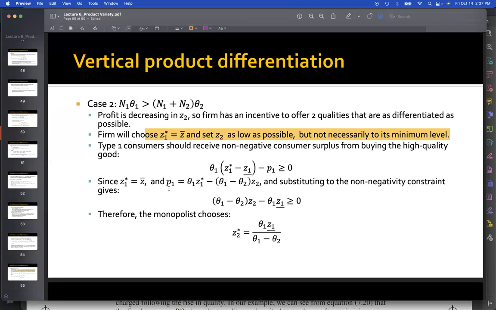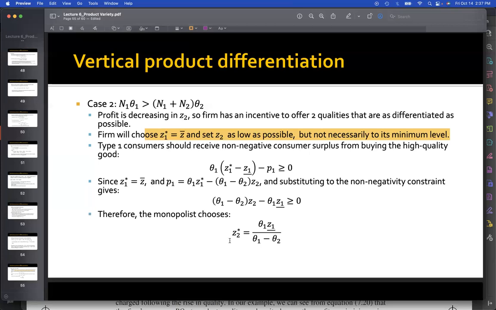Since this is true and Z1 star is equal to the highest possible Z over bar, P1 equals theta, this one, which we have already figured out under the earlier slides. Substituting into the non-negativity constraint gives you this one.